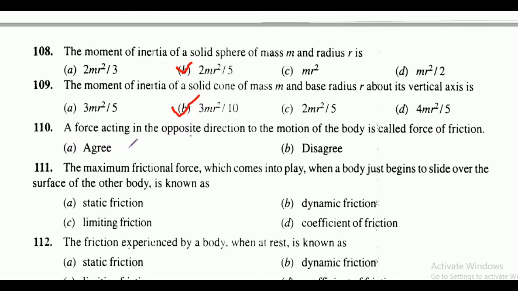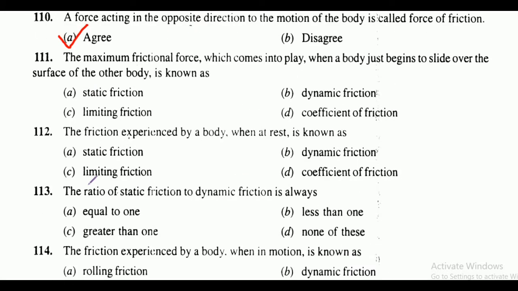Next, a force acting in the opposite direction to the motion of a body is called force of friction. Here options are agree or disagree, and here correct answer is option A, that is agree. Next, question 111.